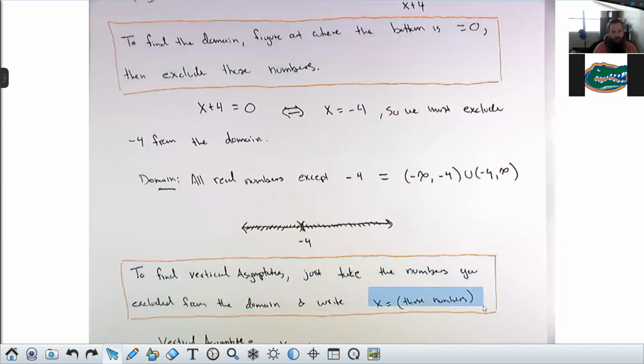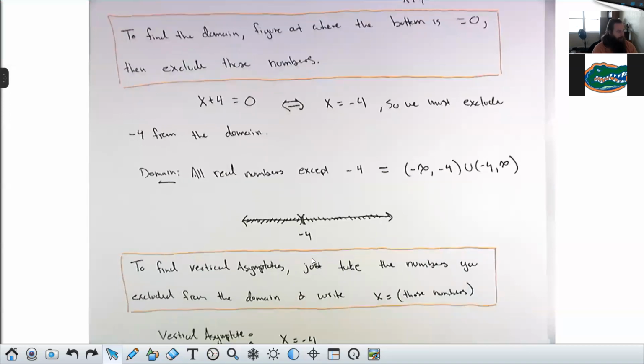Just write it as x equals. That's the equation of the line. Right? Remember, a vertical line is always x equals a constant. A horizontal line is always y equals a constant. A vertical line, and these vertical asymptotes are vertical lines, will always be x equals some number. Take the numbers that you had to kick out from the domain, and x equals those will be your vertical asymptotes.